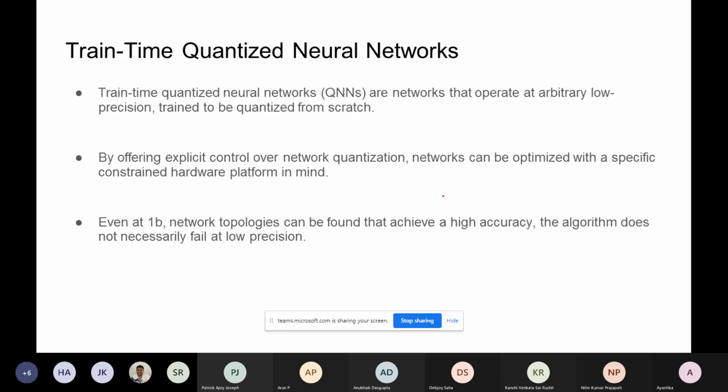Now that problem can be solved in train-time quantization. That means from the initial point, from the training itself, you are considering some low precision, and with that you are training your model. Based on that, you are getting some weights, and these weights you can actually use in your testing phase.